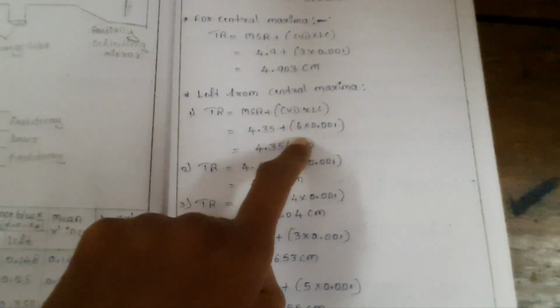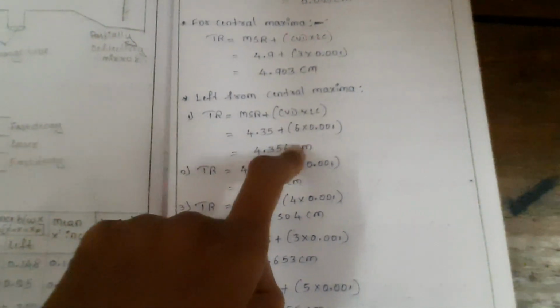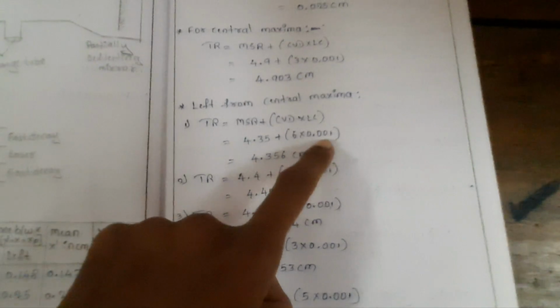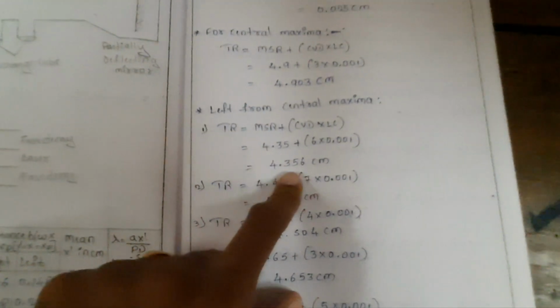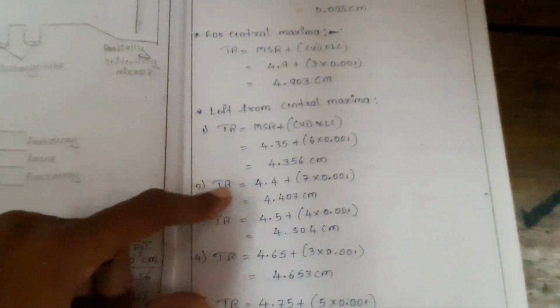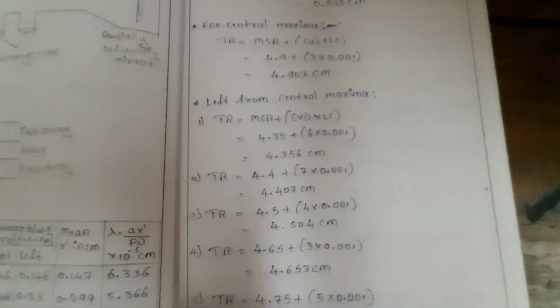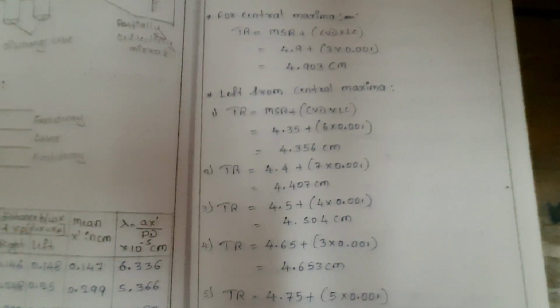Then for CVD, among the 50 lines, whatever you get, write it down here, say 6, and the least count is 0.001. Then you will get the total reading. Like that you can make measurements using the traveling microscope. It is very useful for making the smallest measurements.